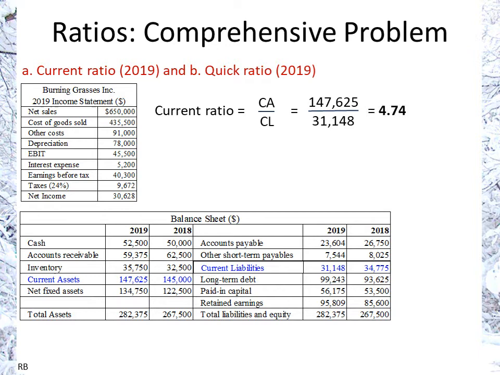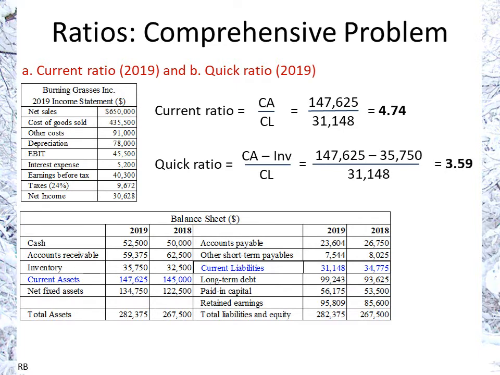So that's, as you can see, 147,624 over 31. Now the quick ratio, you remove the inventory, which is the slowest moving asset. You would also, in certain cases, be removing prepayments and things like that. But generally speaking, for the purposes of what we're doing here, you would remove the inventory out of the current assets. So that would give us the 750 here that we're removing, and we have our quick ratio of 3.59.